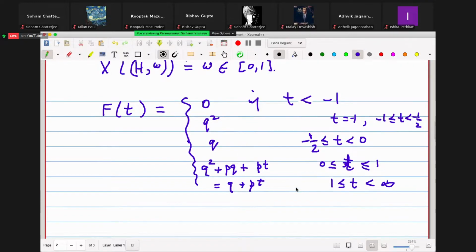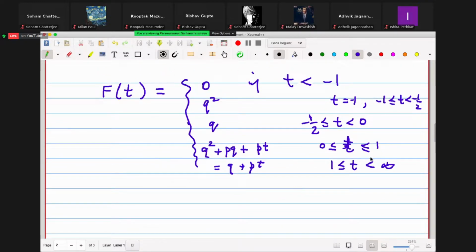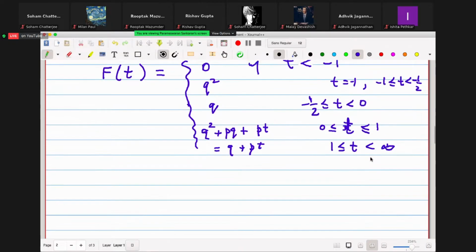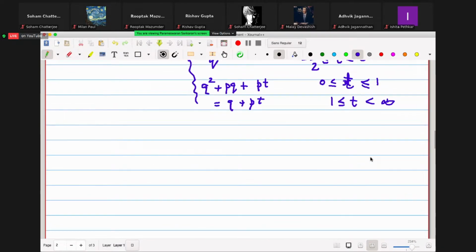So I could have just put these two together, but anyway, you can draw the graph of this. Let me try and draw the graph of this. Here, the special points are -1 and -half and 0. Now the graph will be drawn in some other distinct color.